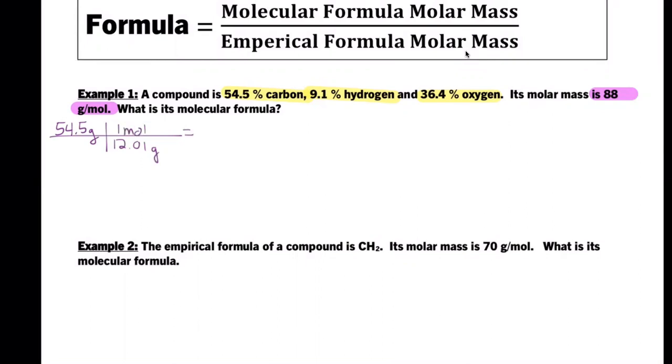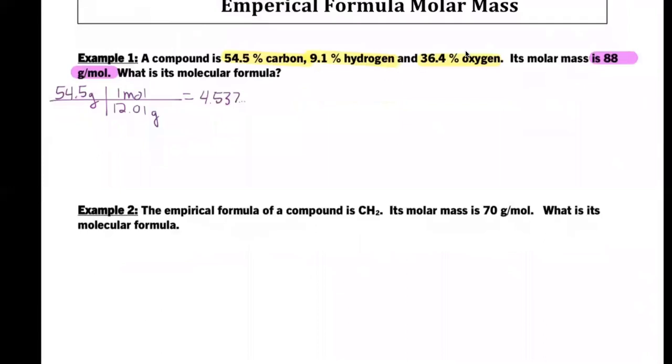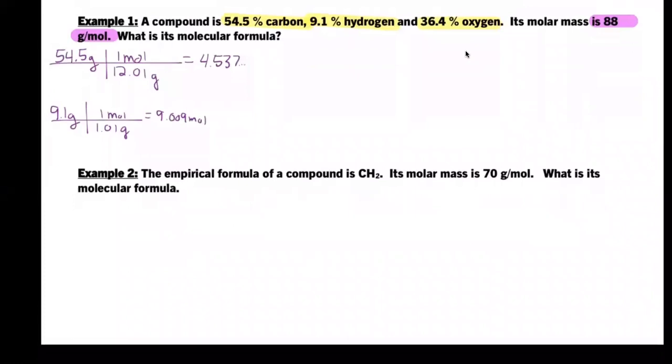Dividing this, we're going to get 4.537, etc. Hydrogen, 9.1, again, percent becomes grams. Divided by 1.01, get basically the same number. And then lastly, we have oxygen, which will have a molar mass of 16.